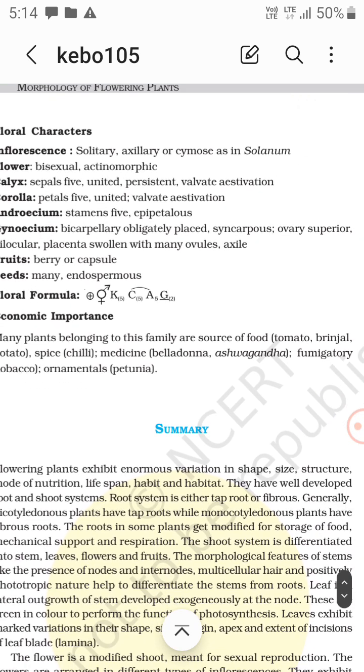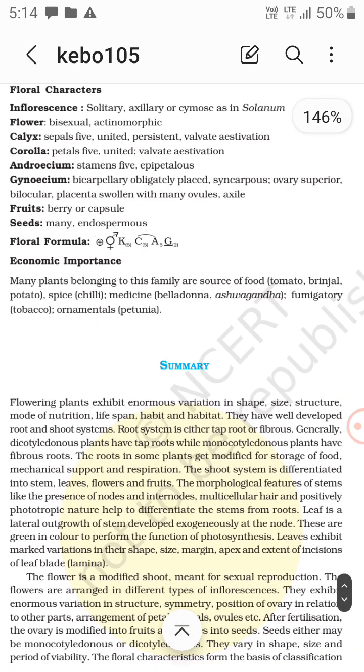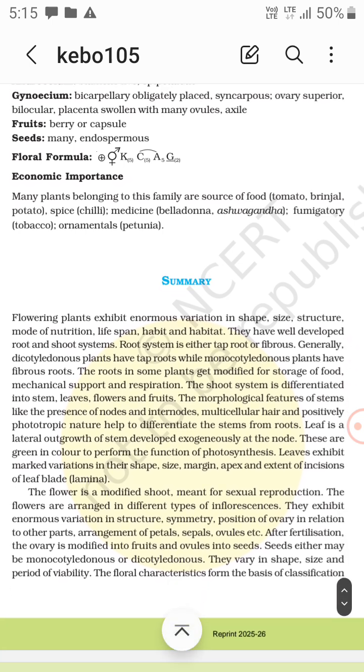So tomato, that is Solanum tuberosum. No, it is not for tomato, it is for potato, right? Solanum tuberosum is for potato. So tomato, then brinjal, and then potato. Now spice for chili, medicine, belladonna and ashwagandha, and fumigatory, that is tobacco, and ornamentals for petunia.